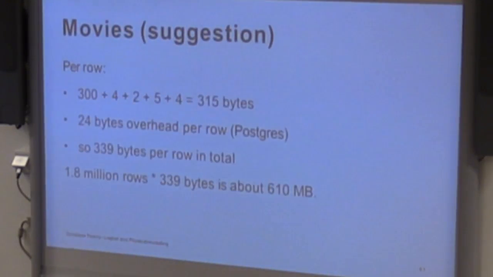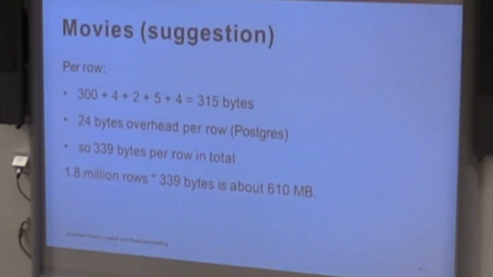So suddenly you can calculate the amount of bytes that is required per row in that movies table, which returns 315 of them. And then there are some overheads, and that is to maintain and manage that table.